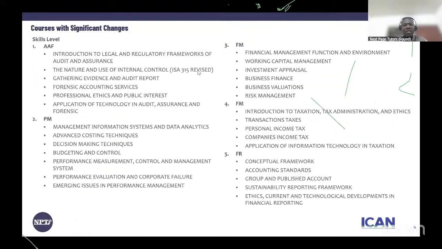Then at the skills level, the number one here is audit and assurance, and then forensics. Of course, it's not new, right? If you look at the content, they started with what we had before in AA. But if you then go into the fourth part, forensic accounting services, you look at application of technology in audit, assurance, and forensics.